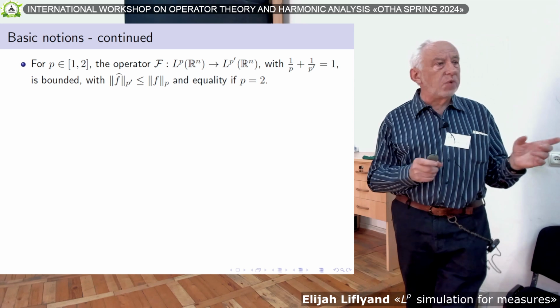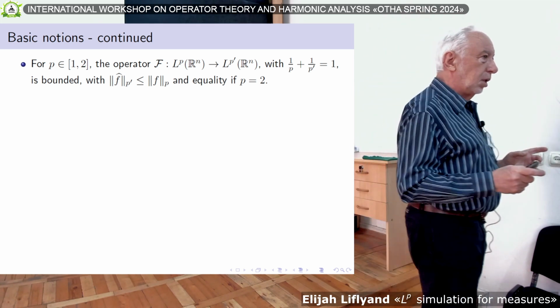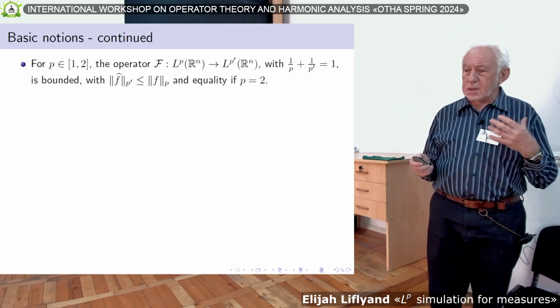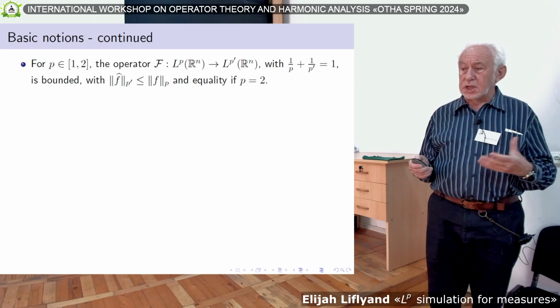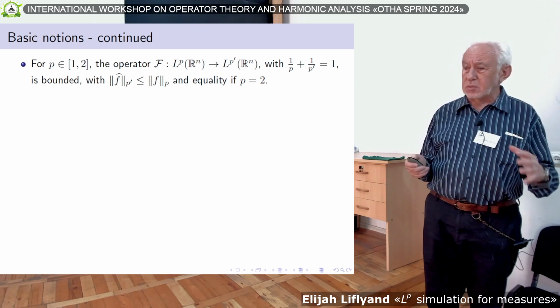When P is between 1 and 2, there are no big problems. The usual machinery can be applied more or less easily.